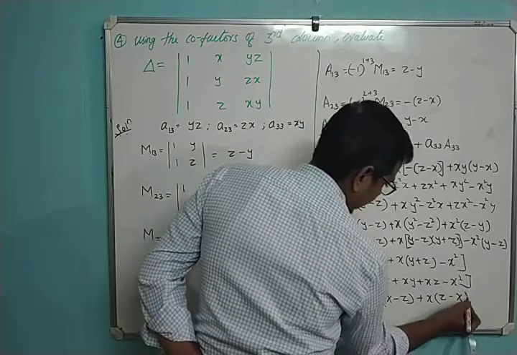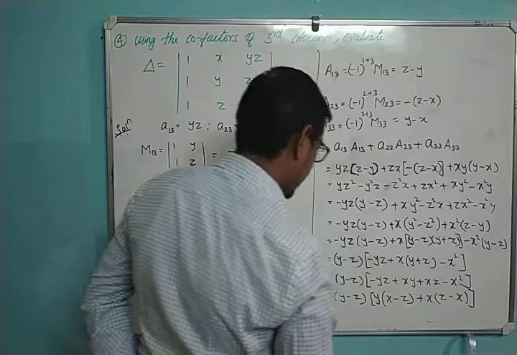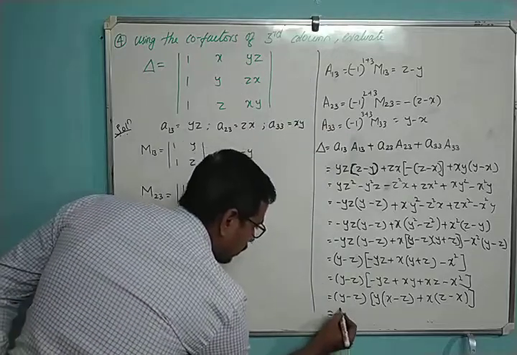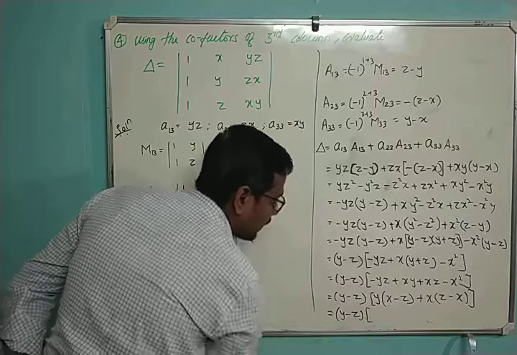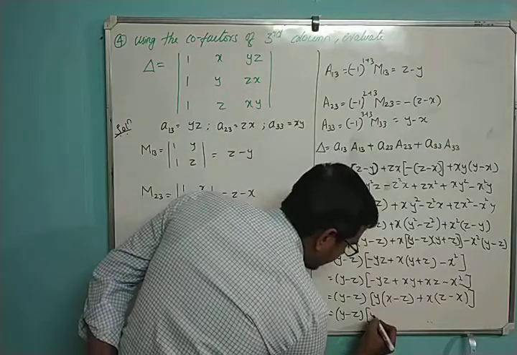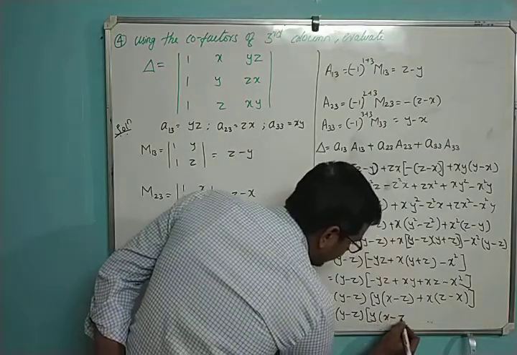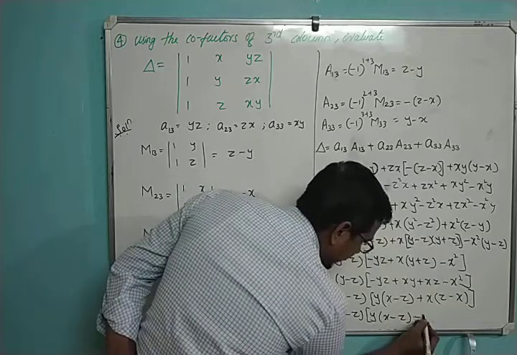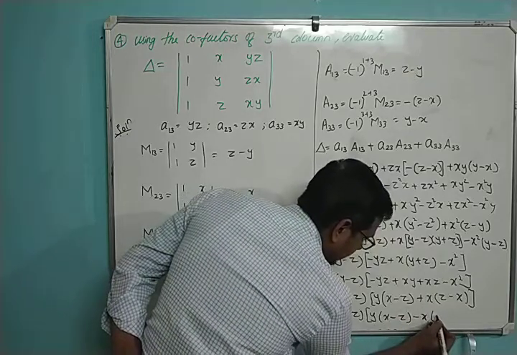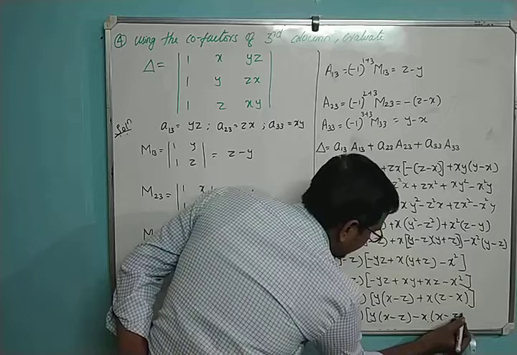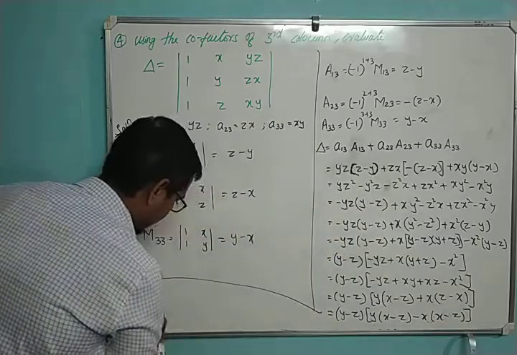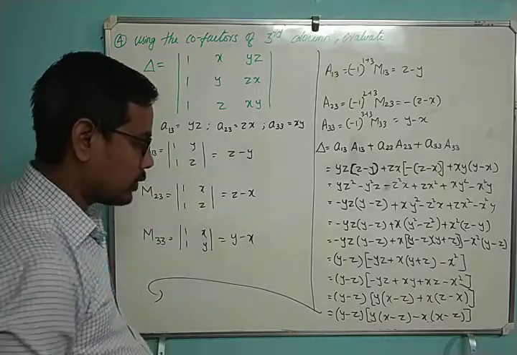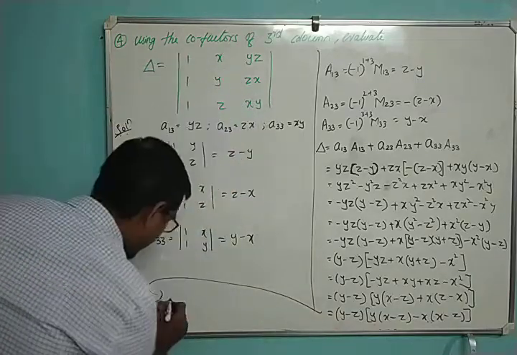Z minus X. Right? So Y minus Z into, right? So I can write this as Y into X minus Z minus I will take out. So it will be what? X minus Z. Right? So this I will write here. Next step. So here Y minus Z you keep it as it is.